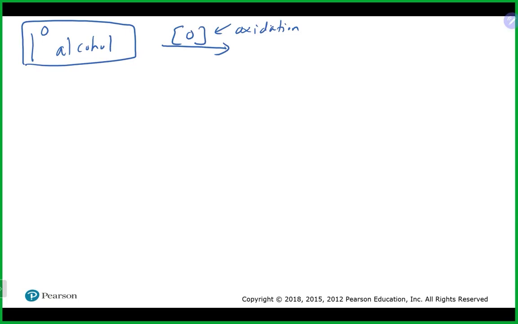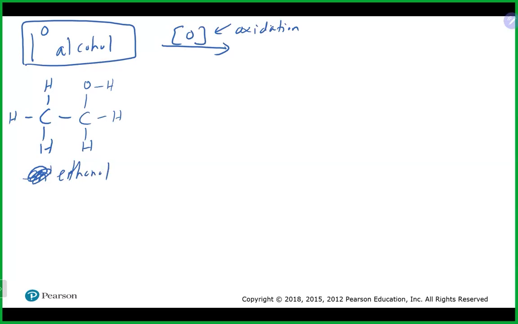What is going to happen is you will actually oxidize this to a new type of organic compound. So let's take a look at a primary alcohol and see how this works. So we'll take our friend here, perhaps some ethanol, and I'm going to draw out all the bonds so you can see where everybody ends up. All right, so I'm going to take ethanol here. Ethanol. There we go.